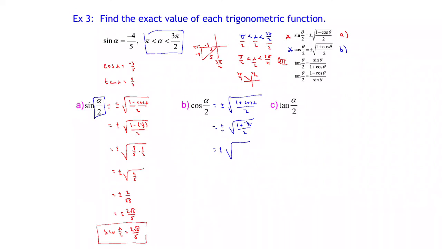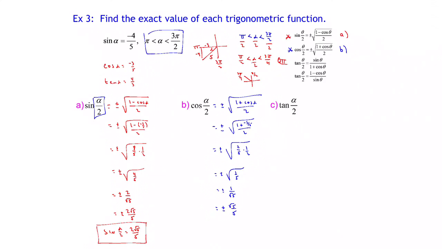So 1 would be 5 over 5, which would be 2/5 times the reciprocal of 2, which would be 1/2. And that would be the square root of 1/5. So the square root of 1 is 1. The square root of 5 can be simplified. 2 square roots of 5 over 5.